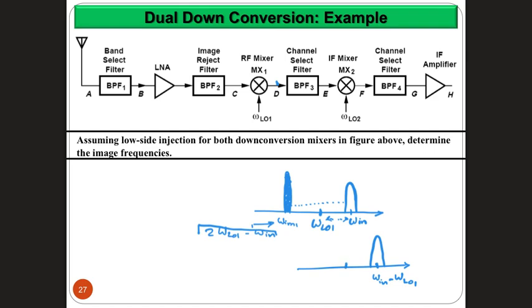You are using now another W_LO2, and your image should again be the same distance from this signal.